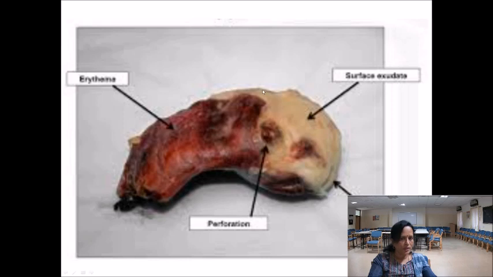Now here we are seeing the tip of the appendix, which is covered with fibrinopurulent exudate. It's the pus with the fibrin which is coating the surface. And how did this happen? Here there is a perforation. The exudate has infiltrated through all the layers and perforated and come out. So this is erythema, congestion.